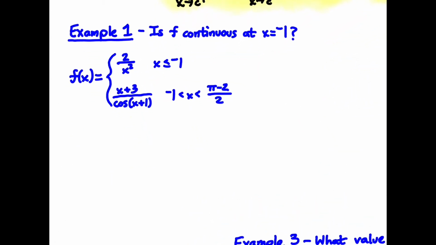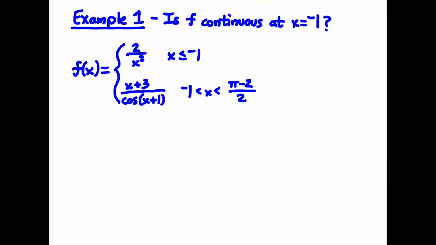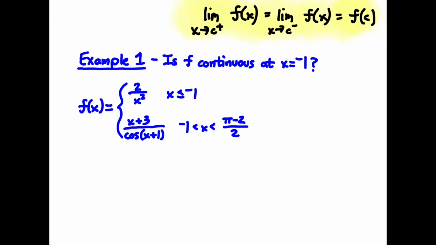All right, so this first example, it says, is f continuous at -1? Okay, so we're going to have to use our definition here, so I'm going to put that in the shot here. First thing I'm going to do is find f of c. In this case, it would be f of -1. I'm doing this f of -1 just because it's the easiest thing to find rather than the limits. It just involves the least amount of thinking.